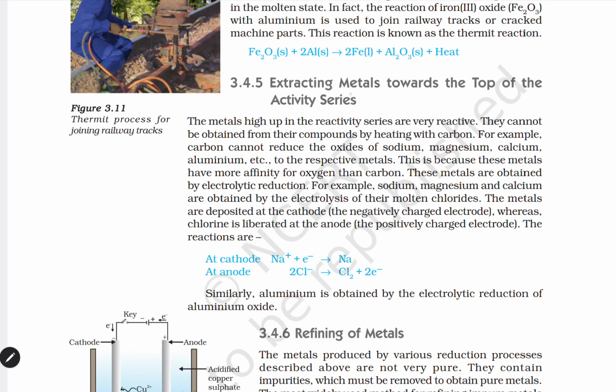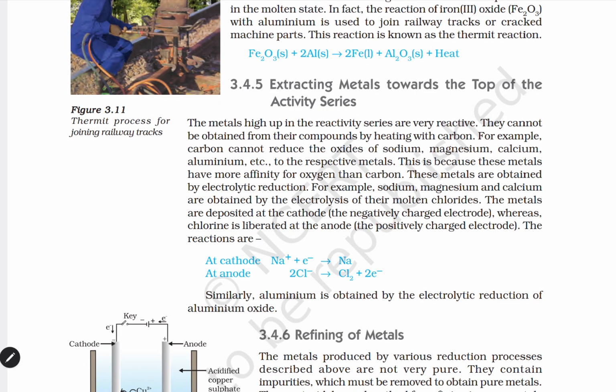Now coming to extracting metals towards the top of the activity series. How do we extract the metals which are very highly reactive? In the previous cases, we took sulfides, oxides or carbonates of those metals and heated them in the presence of air, obtained the oxides, and from those again got the metals.